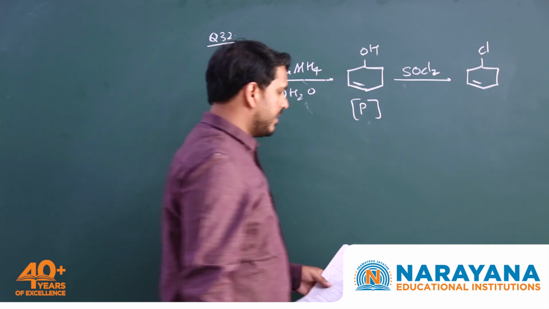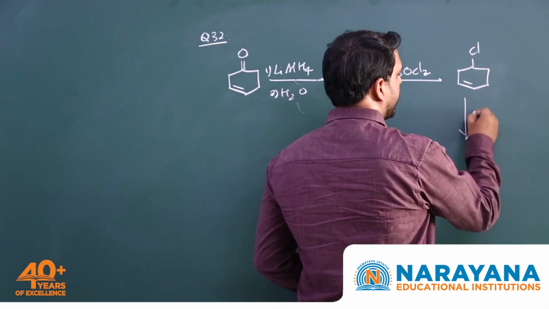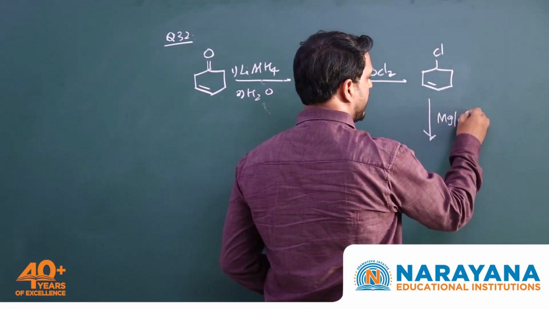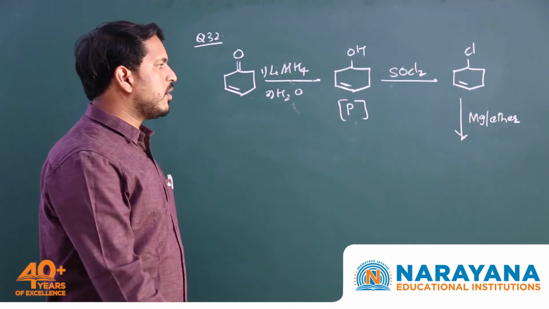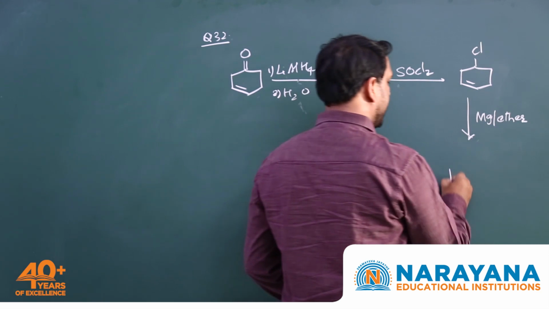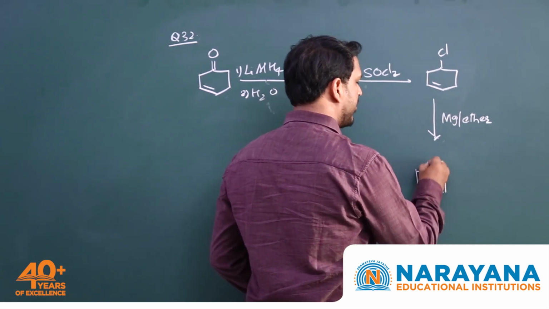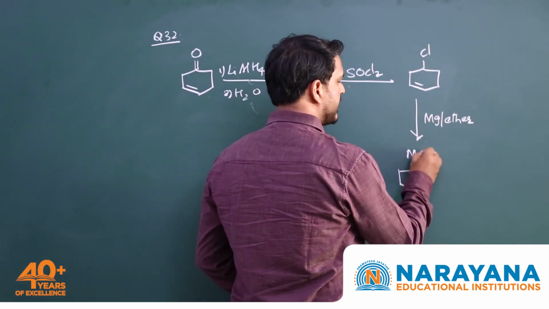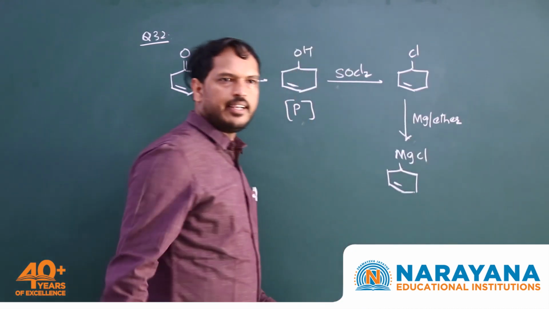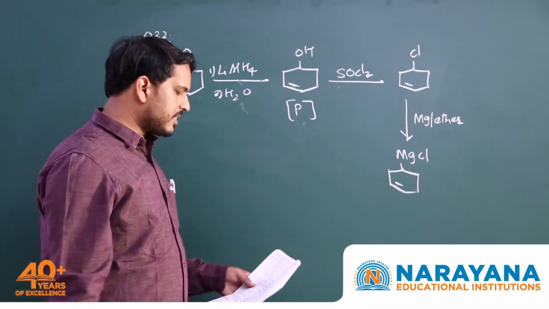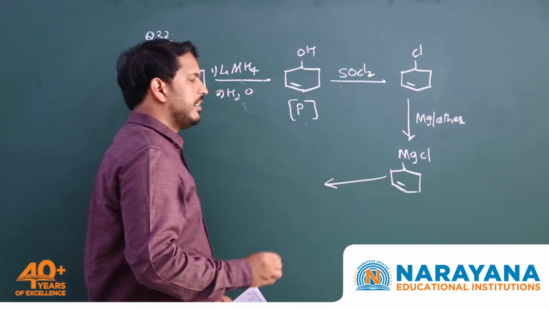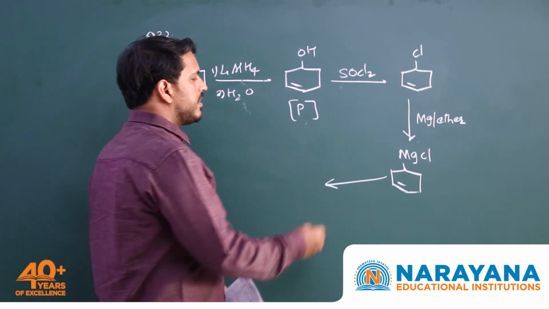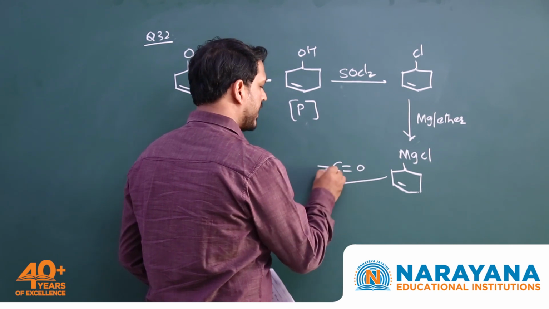Next, in the third step, it is reacted with magnesium in ether. When an alkyl chloride is reacted with magnesium in ether solvent, it is converted to the Grignard reagent, MgCl. What is the next step given? Then it is reacted with dry ice. Dry ice is solid CO2, carbon dioxide.